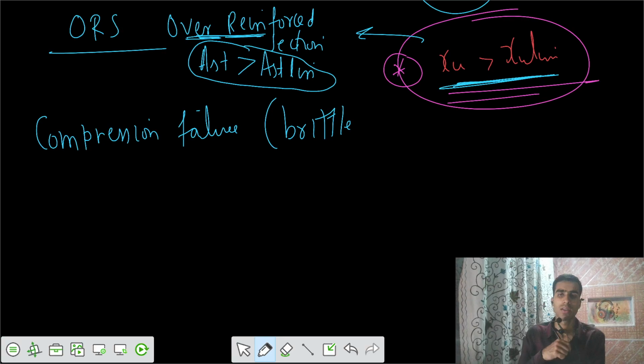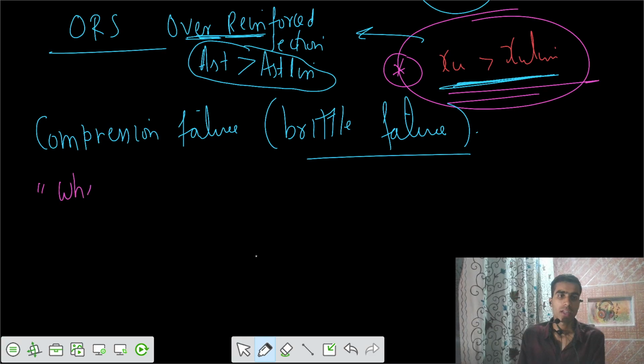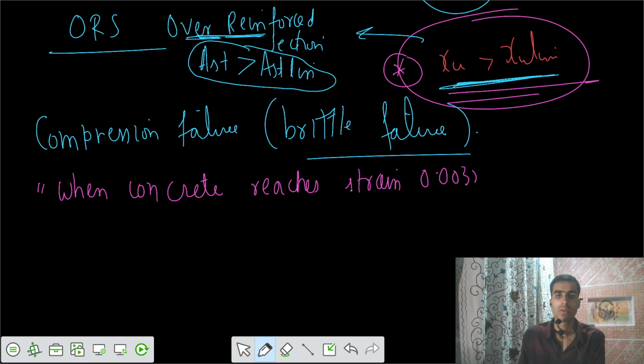And compression failure means that when concrete reaches a compressive strain of 0.0035 in the compression zone, that means concrete has gone under cracking. Concrete has cracked at that location.